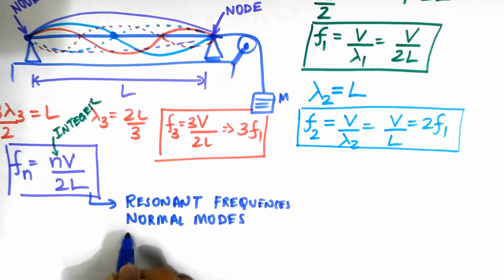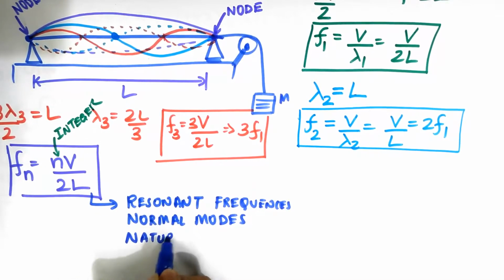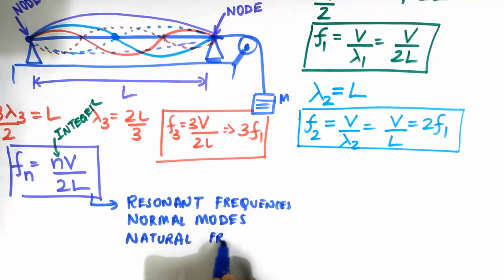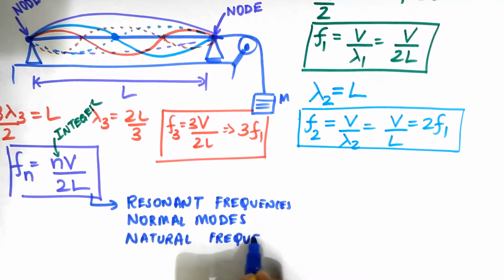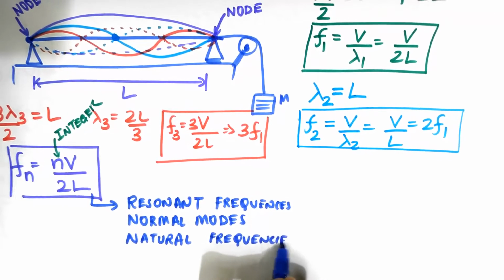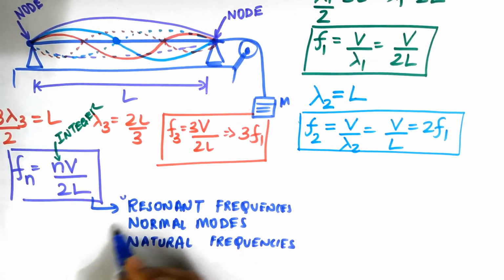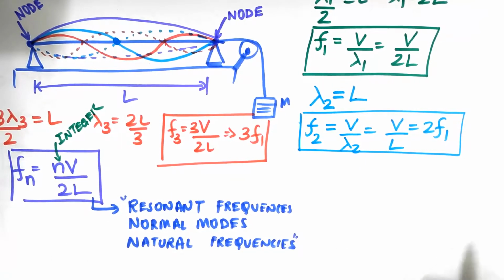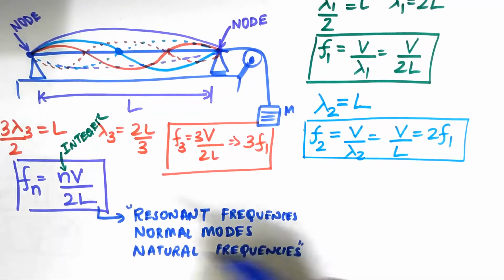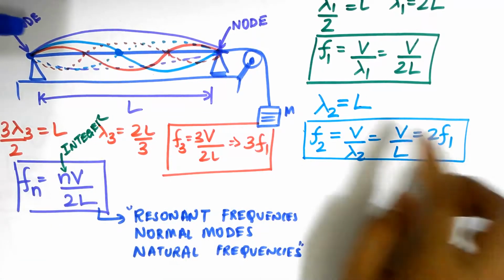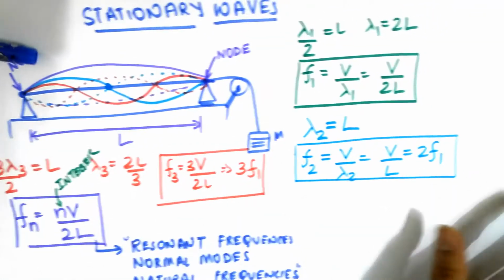They are also called natural frequencies. All of them, all these names mean the same thing. Okay, normal modes.